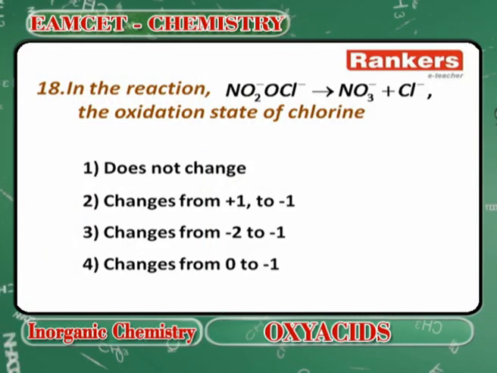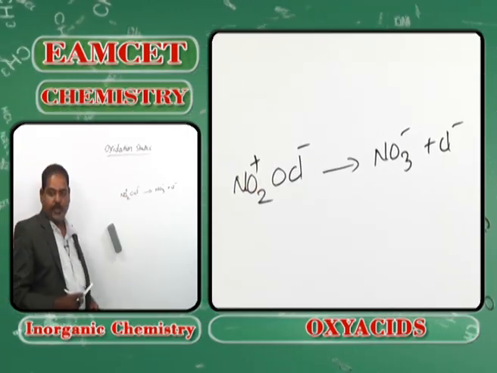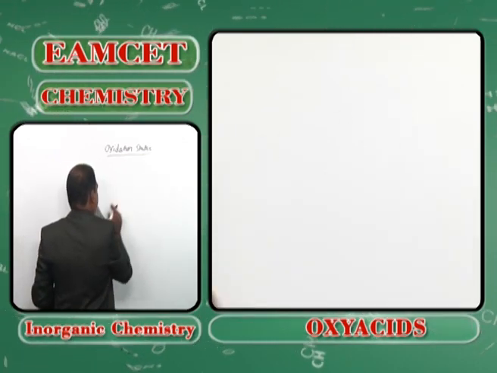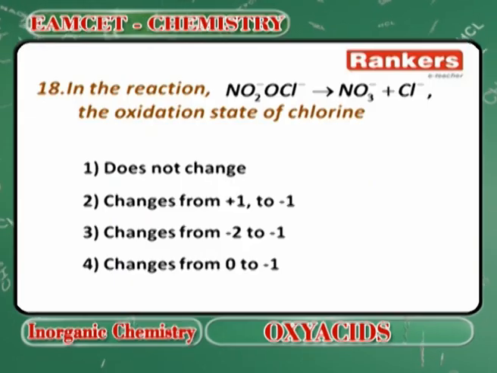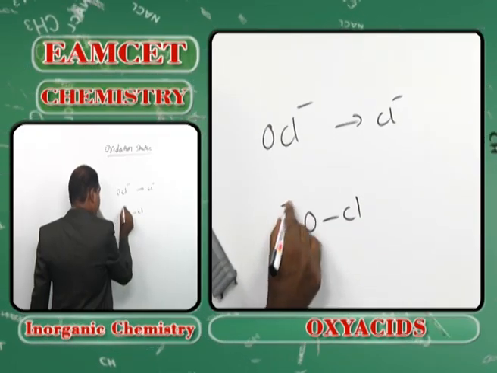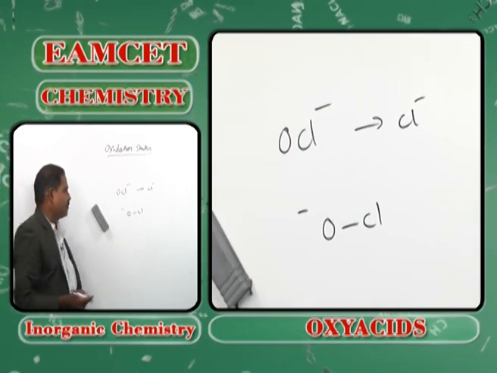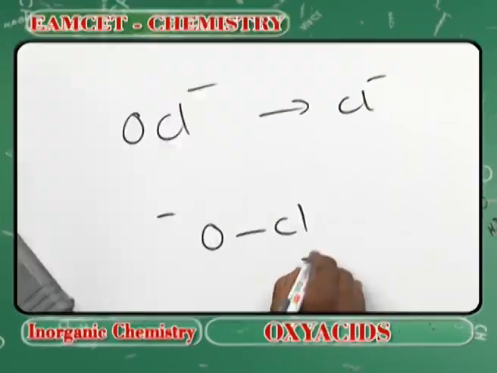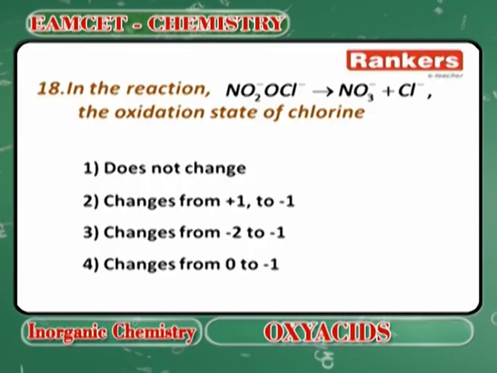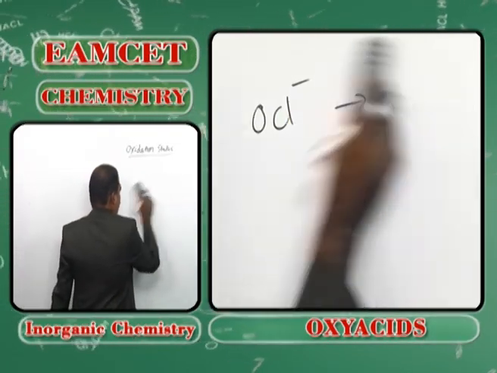You don't need to make any correction, forget about NO2 plus. Why do you worry about NO2 plus? OCl minus to Cl minus. In OCl minus, the minus is on oxygen, so chlorine is bonding with oxygen. Who wins the match? No doubt oxygen wins and chlorine is plus 1. So the oxidation state of chlorine changes from plus 1 to minus 1. The correct option is option number 2.